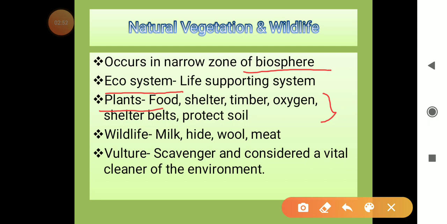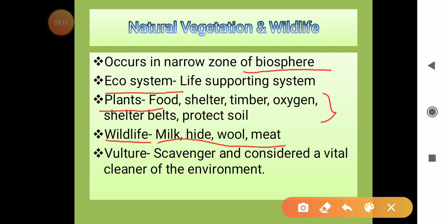Now, wildlife includes animals, birds, insects as well as the aquatic life forms. They provide us milk, meat, hides and wool.